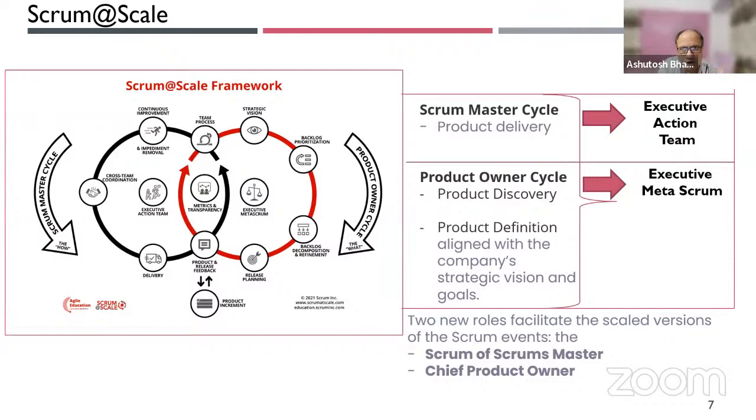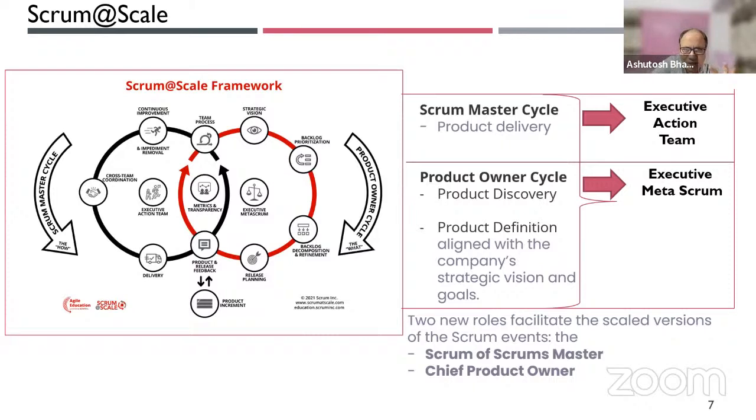Then we have the Executive MetaScrum team, which is at the center of the product owner circle, and this team is responsible for product discovery, product definition, etc. The moment you talk about scaling, you have to understand that it is going to add more roles and more layers as we move along. Any framework, when you try to scale it up or roll it out, is going to add more hierarchy and more roles as we go along.